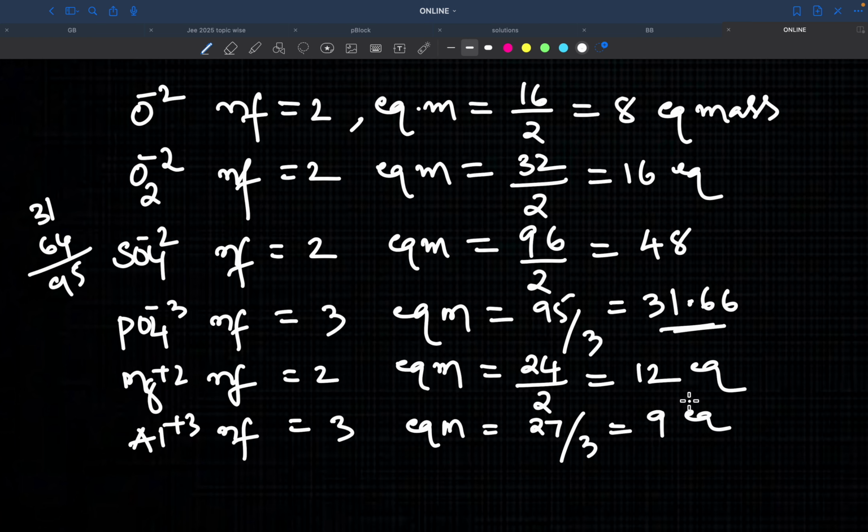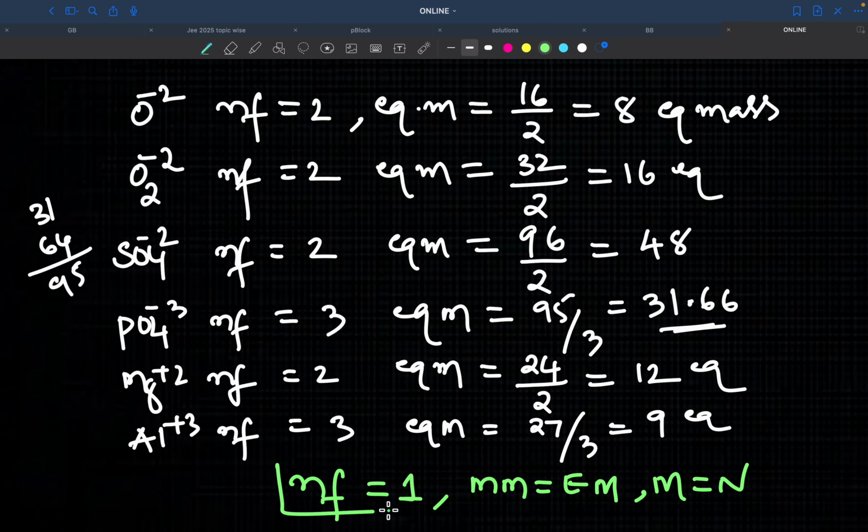Students, are you able to understand the concept? Molar mass must be divided by the valency factor. If n factor is 1, there is no difference between molar mass and equivalent mass, and no difference between molarity and normality.